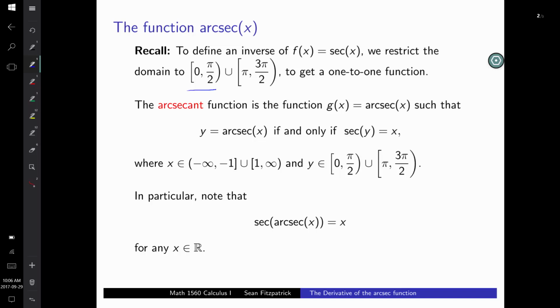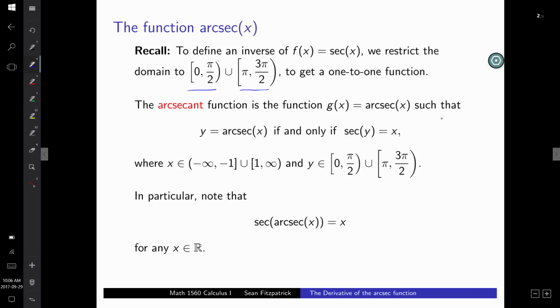But from a calculus point of view, it's actually inconvenient, and so we prefer to take these third quadrant angles. I'll give you a hint as to why. The reason is that in the third quadrant, the tangent function is positive. We'll see where that comes up in a few minutes. Okay. So the domain is everything except for the numbers between -1 and 1, and the range is angles in the first quadrant and in the third quadrant.